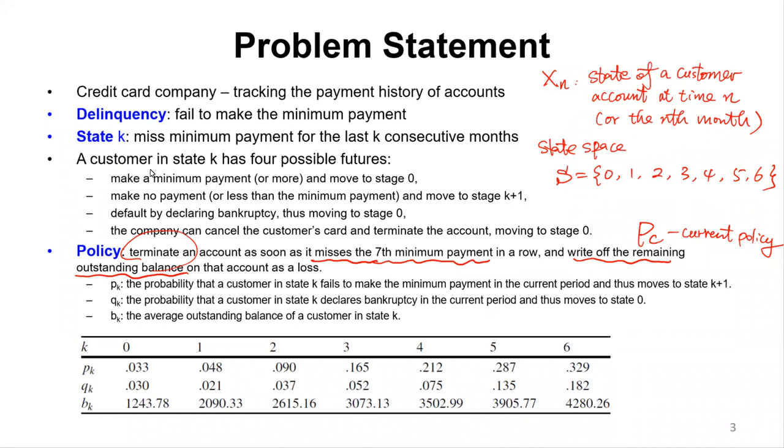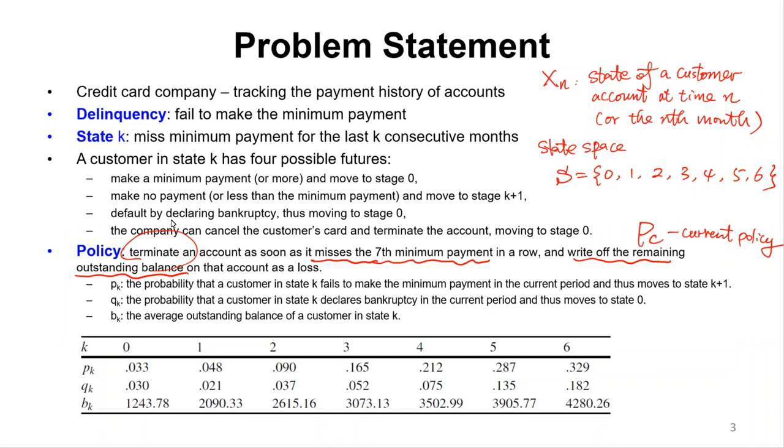And a customer in state K has four possible futures. Make a minimum payment, then they move back to state 0. That means they don't miss any minimum payment if they make the minimum payment or more. If they make no payment at state K, or less than the minimum payment, they move to state K plus 1.